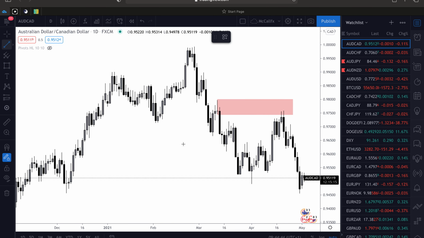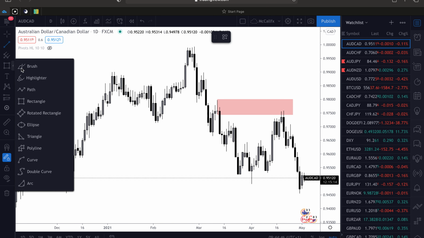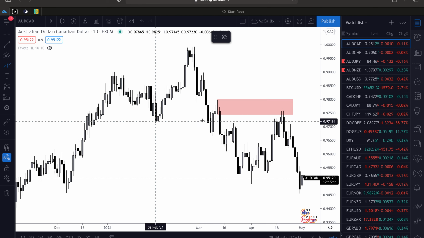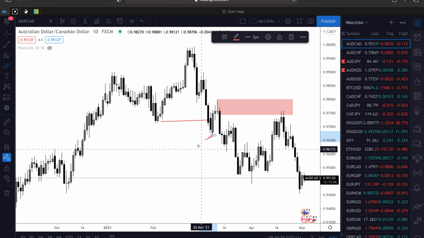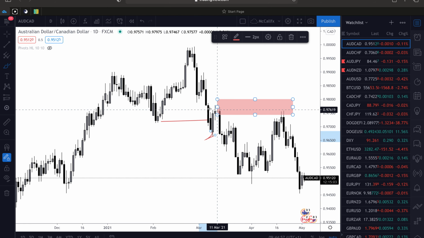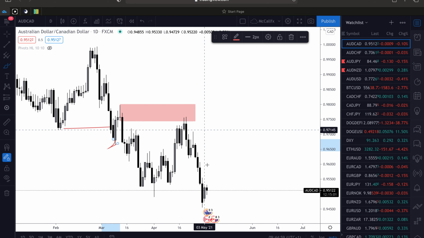But anyways, we had a break of structure around this side. Price broke this. This is our strength or weakness that shows us that price is going to sell. Price returned back to this order block, and then price went all the way down.